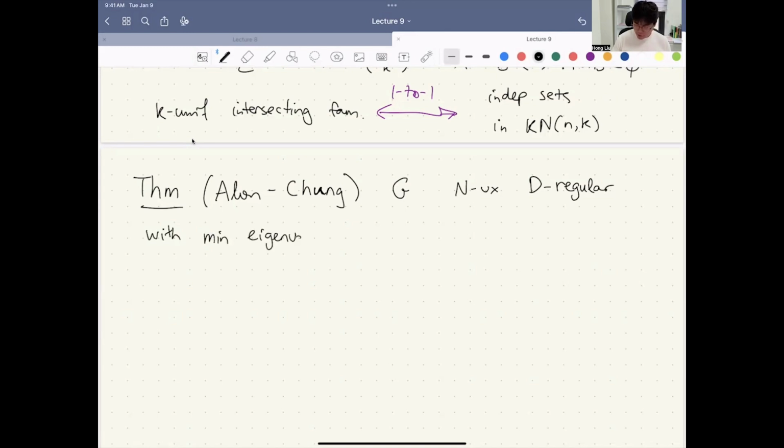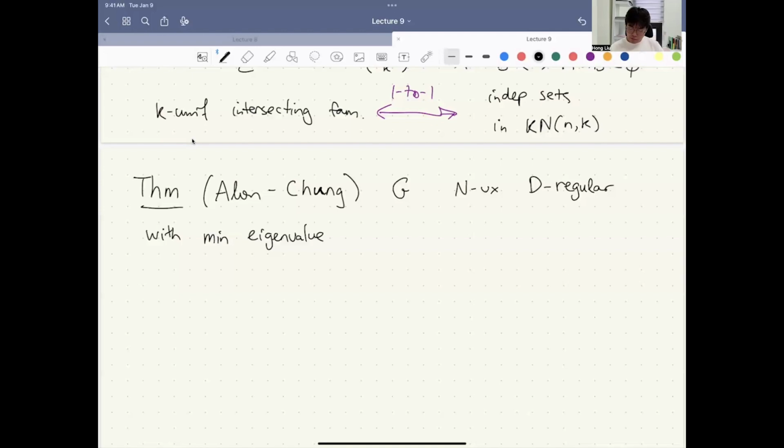By eigenvalue, I mean you look at the adjacency matrix of G. This is an n by n 0-1 matrix, where the ij entry is 1 if vi and vj form an edge, 0 otherwise.